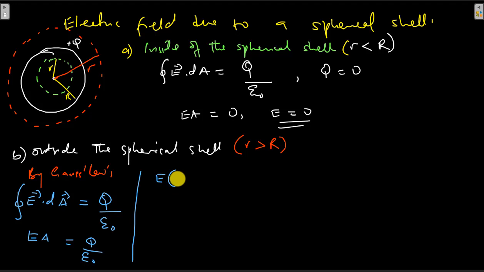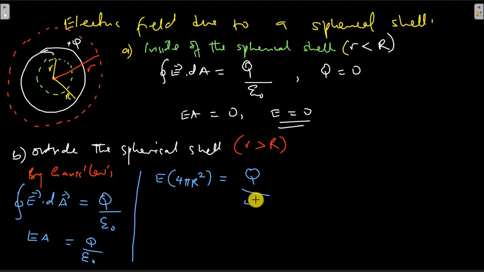So the electric field times the area, 4 pi r squared, equals the charge enclosed in the sphere, which is Q, the charge enclosed in the Gaussian surface.